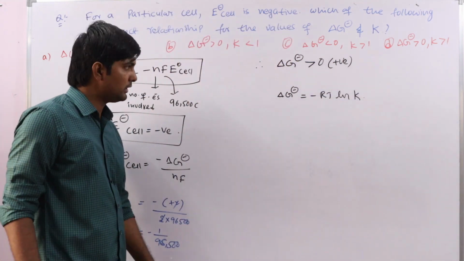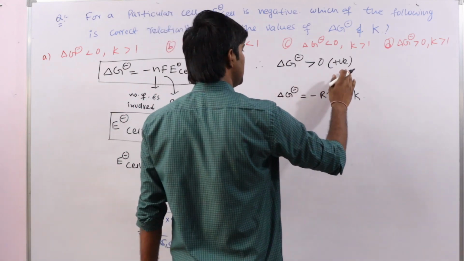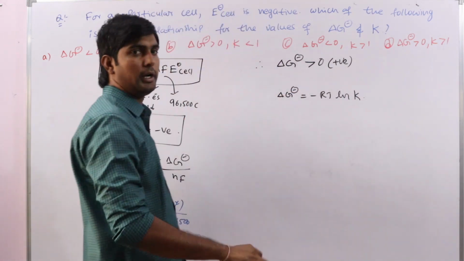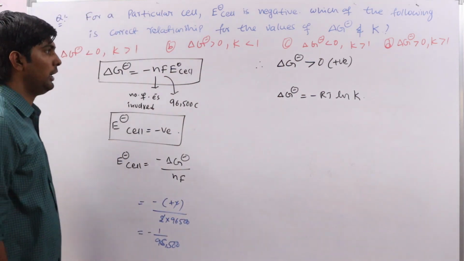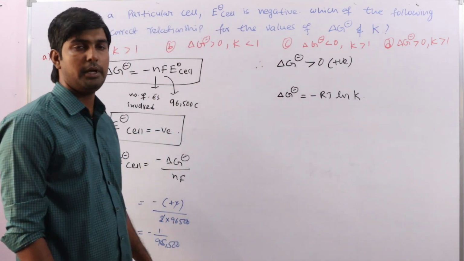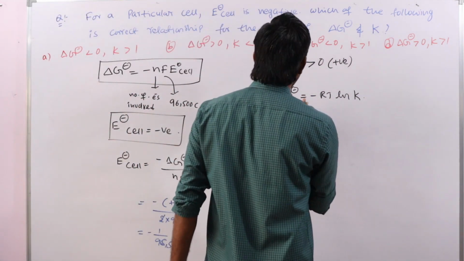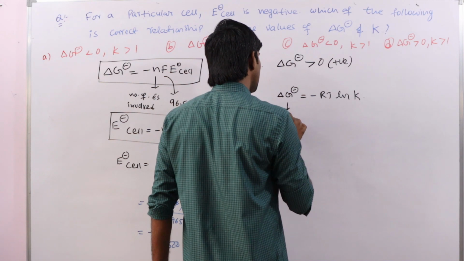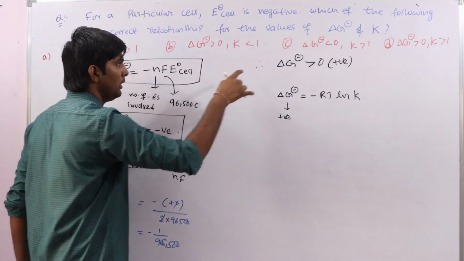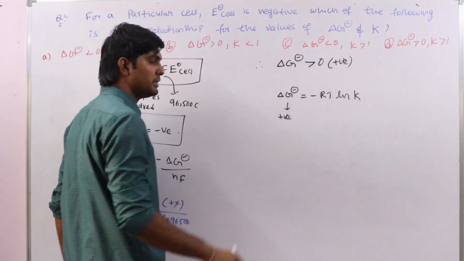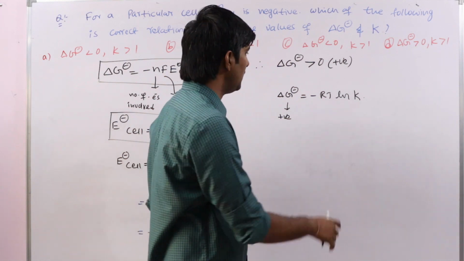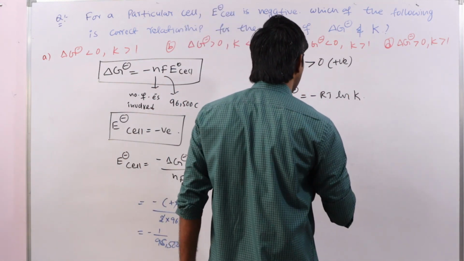So to get delta G naught greater than 0, K must be less than 1. To get E naught cell negative, delta G naught must be positive. If you want to get this as a positive value, this K must be less than 1.